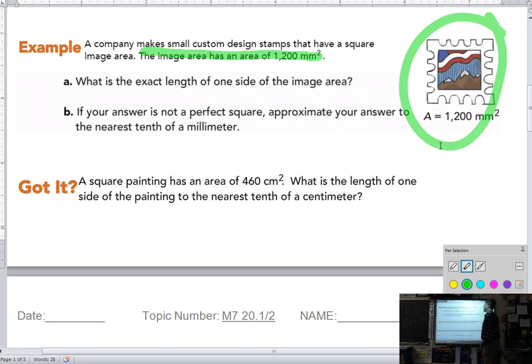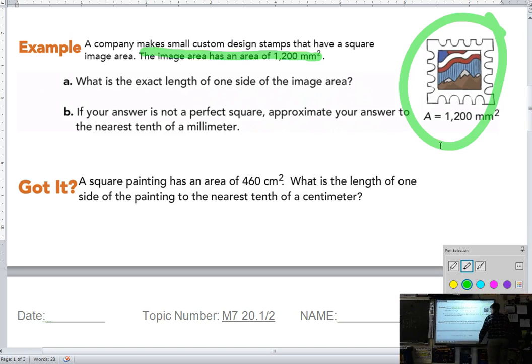They want to know what the exact length of one side of the image area is. If it's not a perfect square, you're gonna have to approximate. You do it the same way as up top. You just put it under the radical, and you round what comes out afterwards. They are talking about the area of the stamp. Forget about those little semicircles taken out. They're talking about the area of the square, which is 1,200.